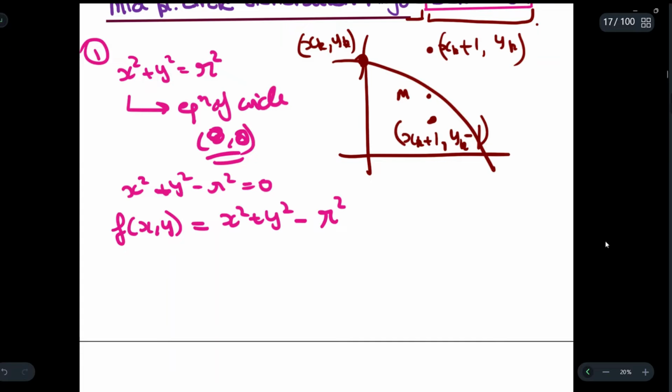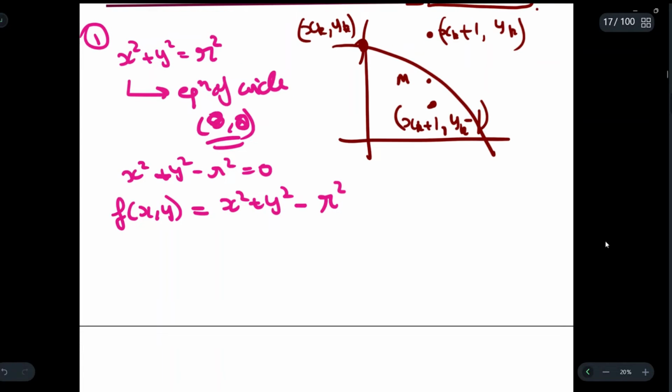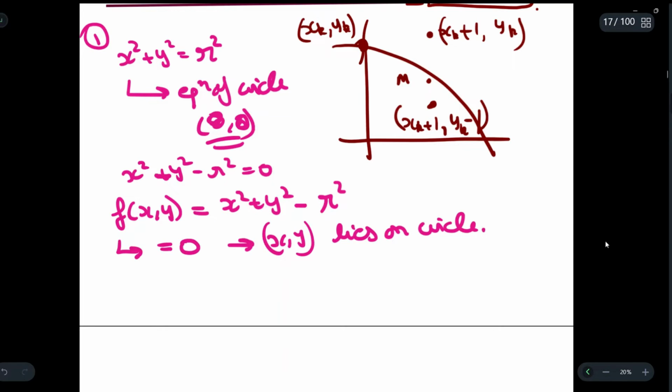And for this we will have three cases. When f(x, y) is equal to 0, this means that x comma y lies on the circle, that is, this point lies on the circle. Suppose if we put points, say x dash and y dash, in this formula, and if it comes out to be 0, then we can say that it lies on the circle. Now the second case is that it can be less than 0.